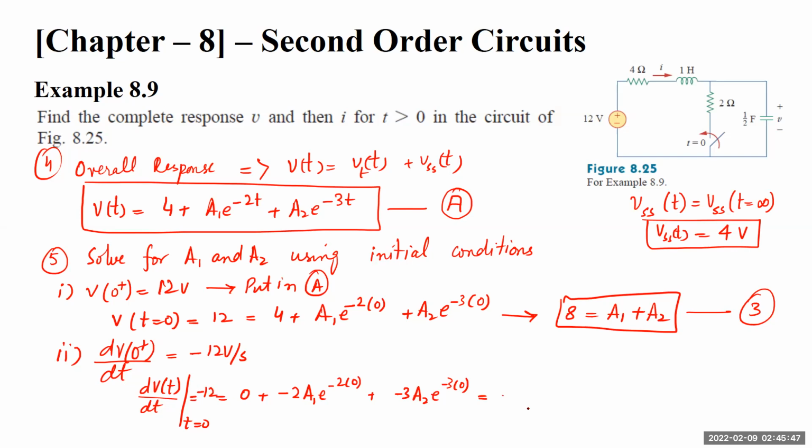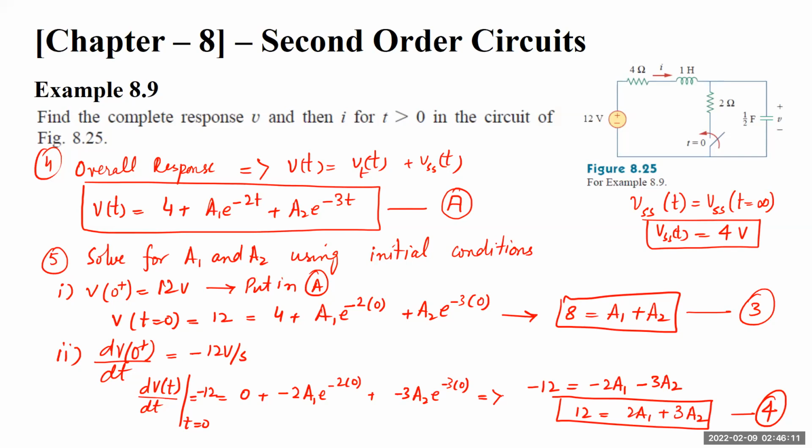So minus 12 equals minus 2 a1 minus 3 a2, or 12 equals 2 a1 plus 3 a2, and I call this my equation 4. Now we have two equations, equation 3 and 4.